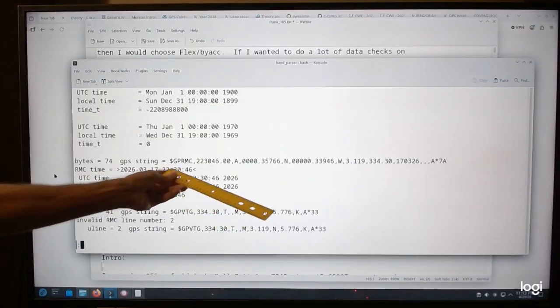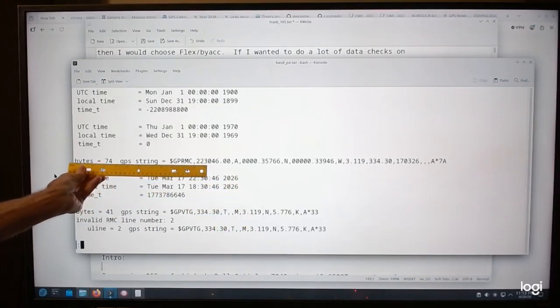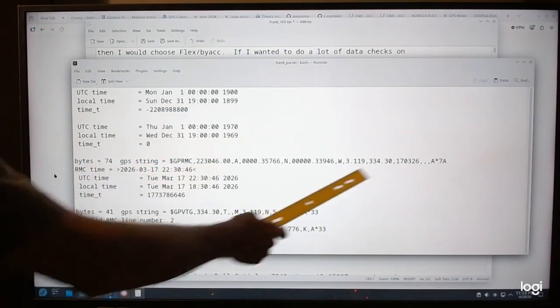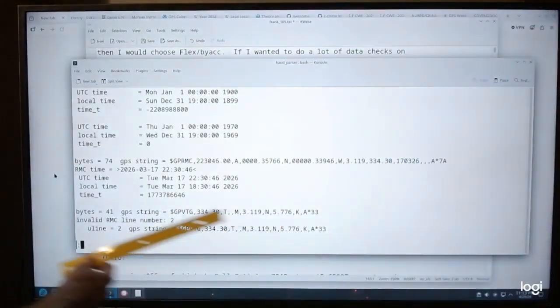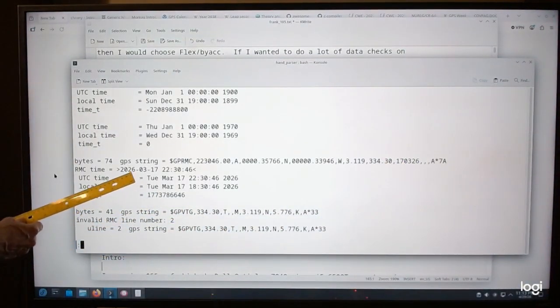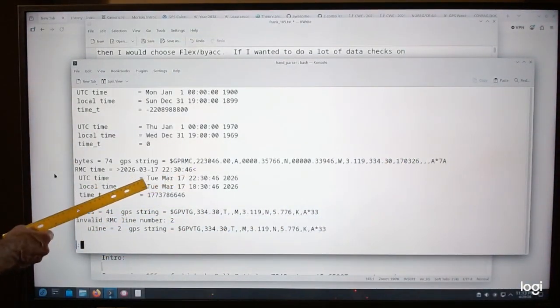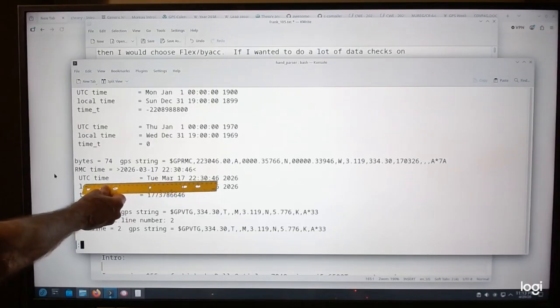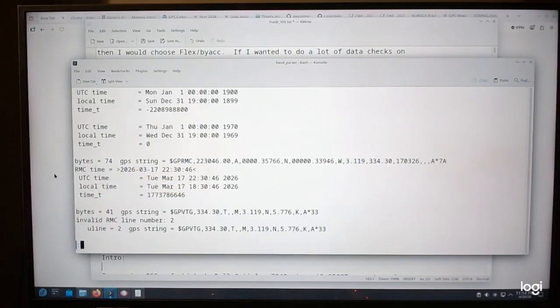There's that sentence that I'm talking about, the required minimum. There's a time, and then over here there's a date. And so I'm just parsing that into the time and date, and that's the UTC time right there.